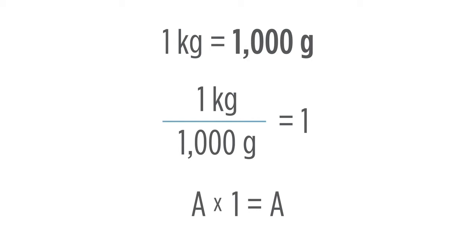This allows us to convert easily using dimensional analysis and the simple representation 1 kilogram equals 1,000 grams and 1 gram equals 1,000 milligrams. We want to start with the 525 milligrams and convert that into kilograms.